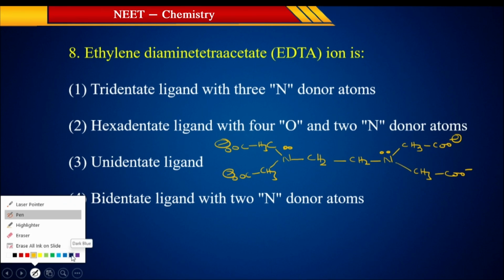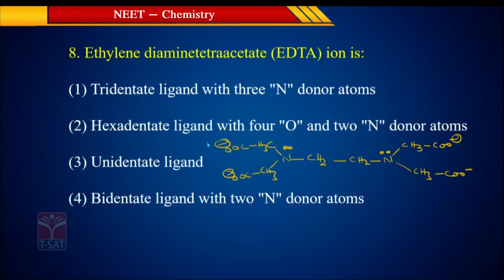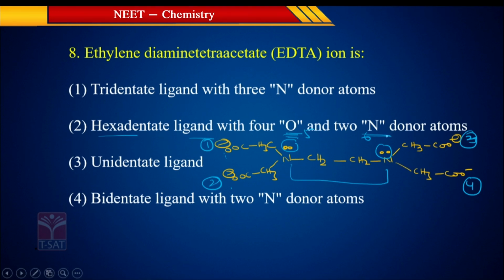Why is it a hexadentate ligand? Here this is one donor atom, second donor atom, the negative charges work as donor atoms, 3 donor atoms, 4 donor atoms, and the lone pairs are the 5th and 6th donor atoms. Out of 6 donor atoms, 2 are nitrogens and 4 are oxygens. So it is a hexadentate ligand with 4 oxygens and 2 nitrogens, right?